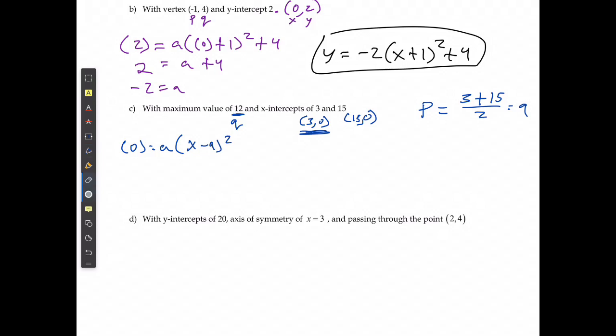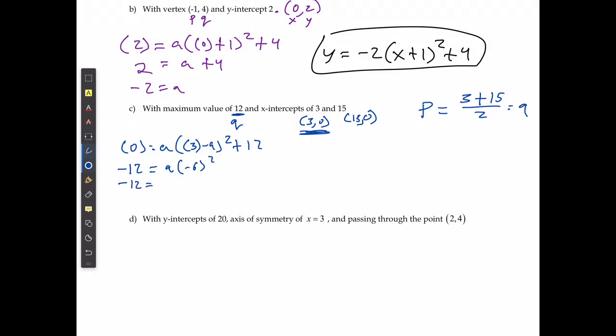And in this case, we decided to use the 3 for x, plus q, which is going to be 12. I can subtract 12 from both sides to isolate it, and I'm going to say that 3 minus 9 is going to be negative 6 squared.